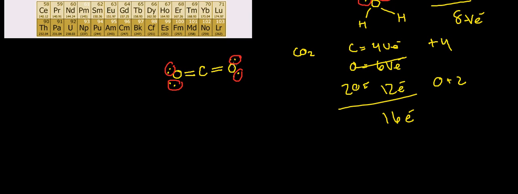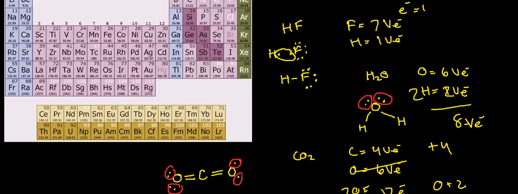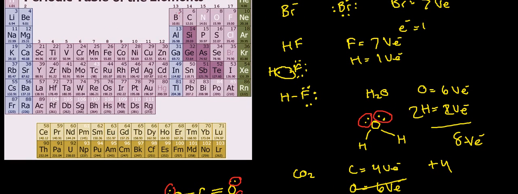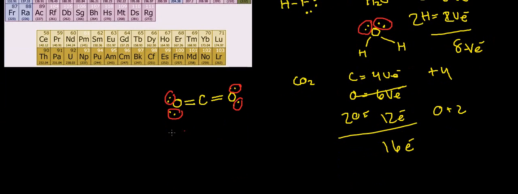So don't really worry about situations with something like boron. Boron is just a really weird element. It's electron deficient. Sometimes it'll form weird bonds, like weird curved bonds.